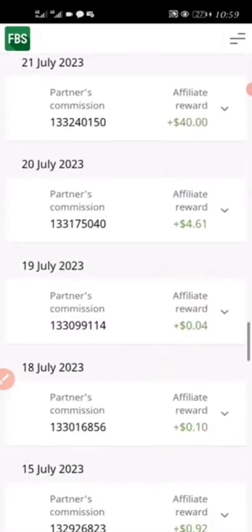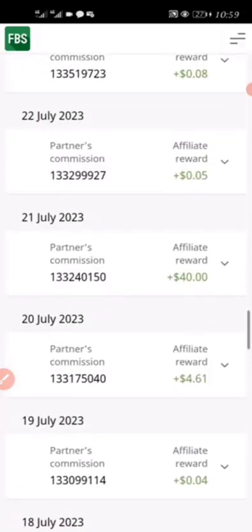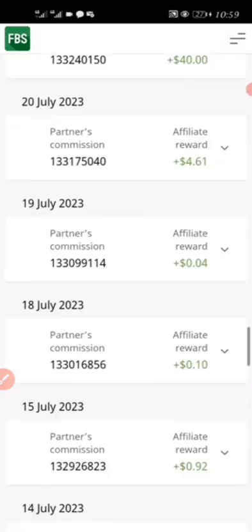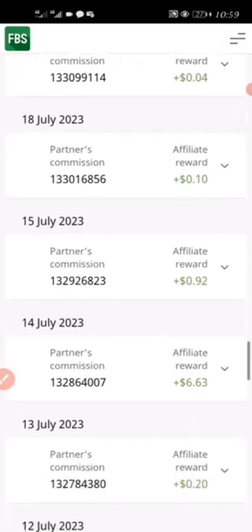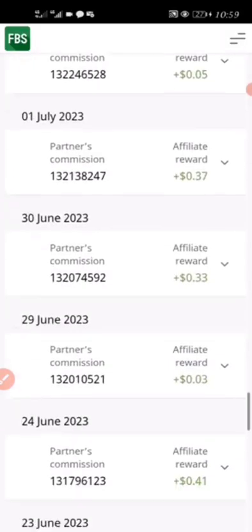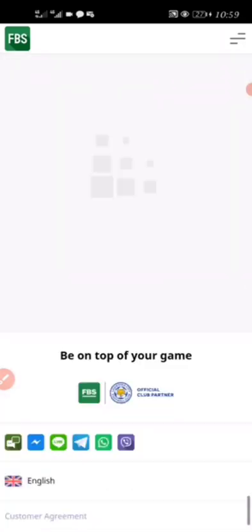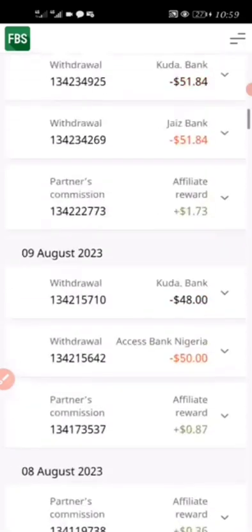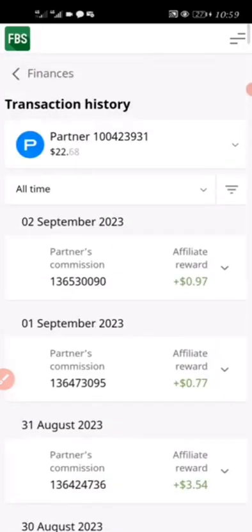This is commission, you can see $40 in a day. I withdraw so much money here. I have so much transaction history here that I can't search for everything. So this is how it works.